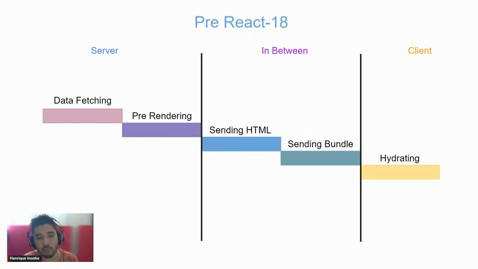Only after that can we start sending the pre-rendered HTML. We have to send the HTML for the whole application before we can start sending the bundle, because the client is only going to ask for the bundle once it has the HTML that has the script tag that asks for the bundle. And then we have to download the bundle for almost the entire client.